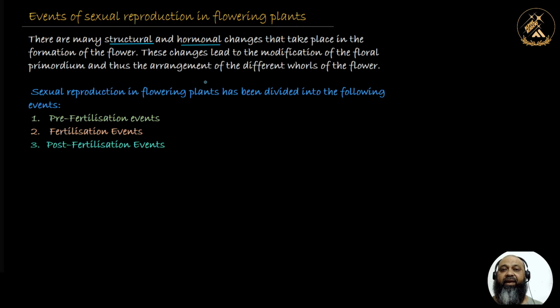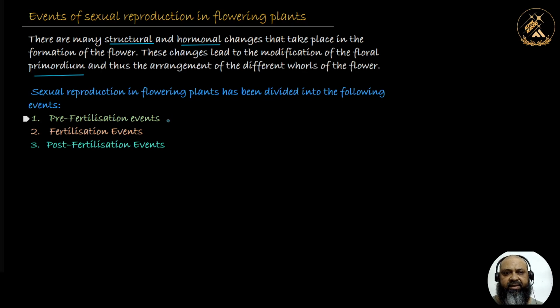So altogether we cannot go through them in a single stride, so we can divide them into stages. Everything happening inside the flower basically happens when the flower is in the early stage. That stage is known as the primordium stage, and the arrangement of the different whorls of the flower. Okay, so sexual reproduction in flowering plants has been divided into the following events.